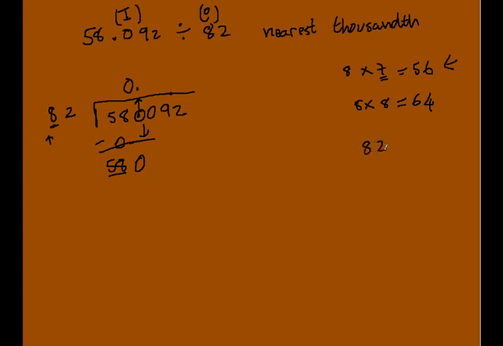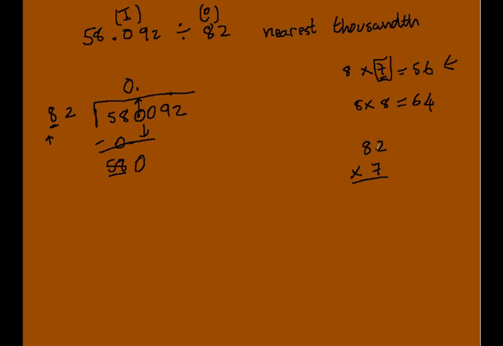The only way to check is by multiplying 82 by 7. Since 8 goes into 58 7 times, 82 might go into 580 7 times as well. So if you're a little bit rusty about this, go back to section 1.5 and you'll see how we did it.